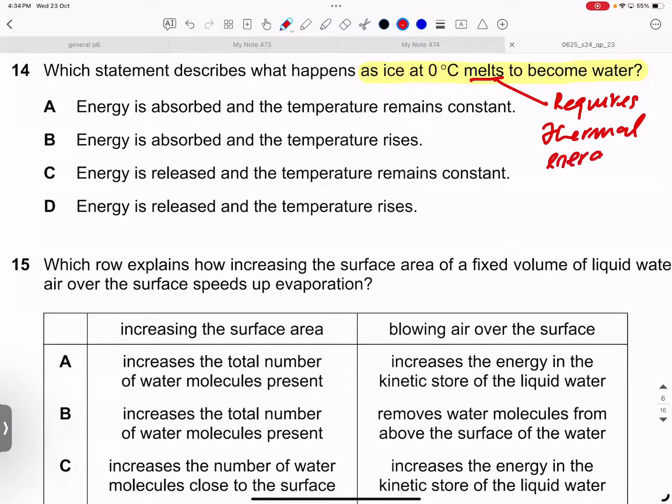You can't melt anything without thermal energy. This thermal energy will be absorbed and used to overcome the intermolecular forces, weaken the bonds. Energy is absorbed and the temperature remains constant. Whether it's melting, boiling, freezing, or condensation, in all cases, the temperature has to remain constant.